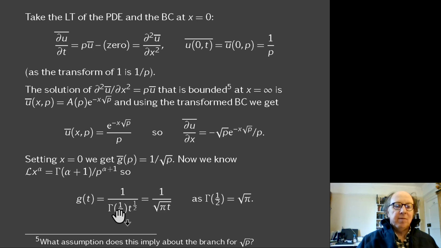That's minus a half plus 1 is a half. But gamma of a half is root pi, and so we have 1 over root pi t. And as I say, that is a result that I don't think you could have got by any other method that you yet know.